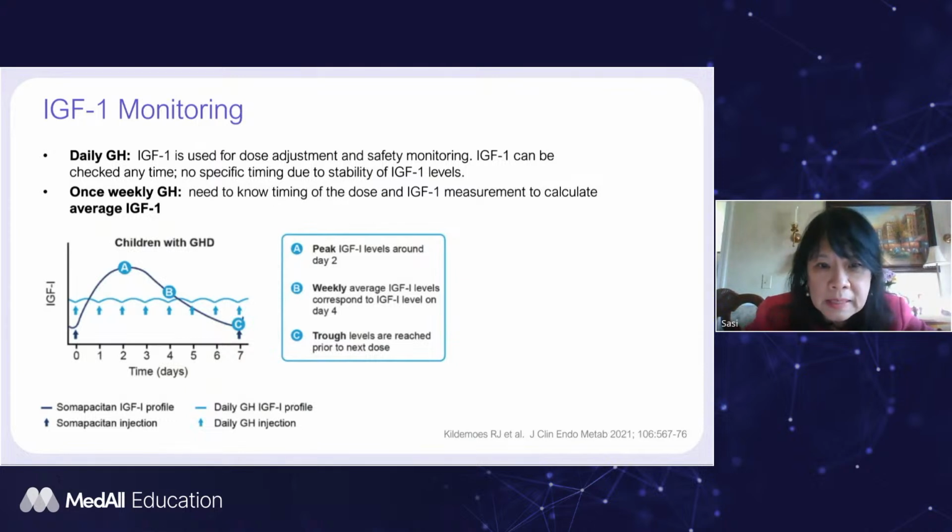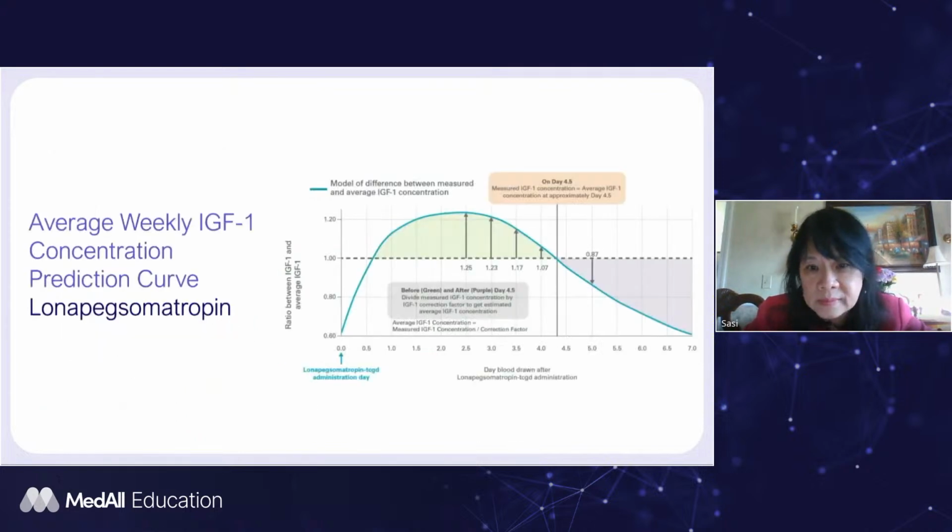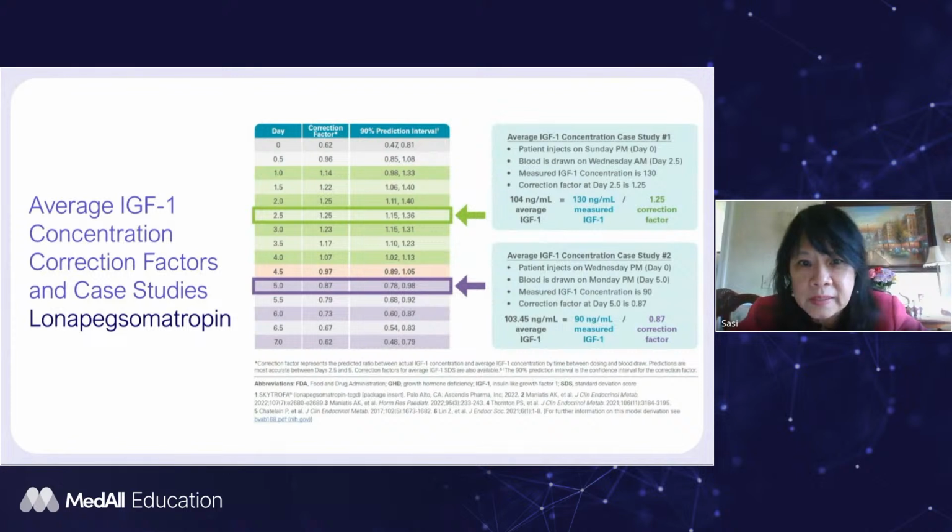And we have ways to calculate the average IGF-1 if we know the timing of the lab. So for lonapegsomatropin, they have different correction factors that you can see here. If you check at 2.5 days, the correction factor is 1.25. If you check day 5, then it will be 0.87. And we have a nice table here that we can use to do the calculation.